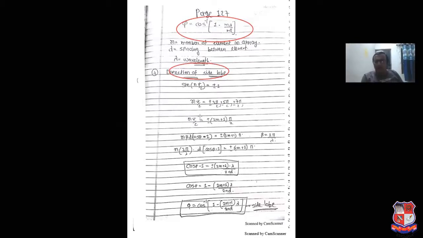So n psi equal to beta d cos phi minus 1 equal to plus or minus 2m plus 1 into pi. So cos phi minus 1 equal to plus or minus 2m plus 1 lambda upon 2nd. See this equation. This is related to cos phi. So cos phi equal to 1 minus lambda 2m plus 1 upon 2nd. So it is the equation of side lobe. See this. This is the equation of side lobe.